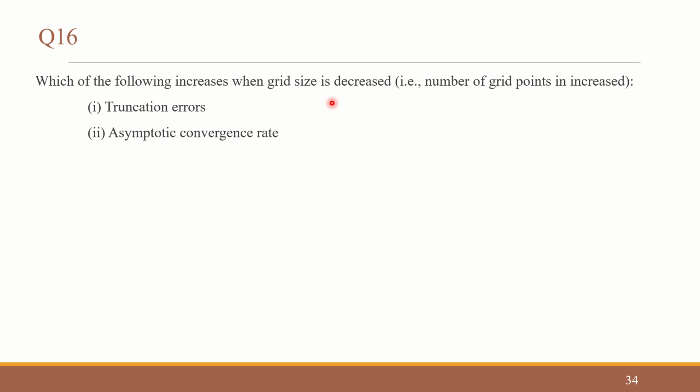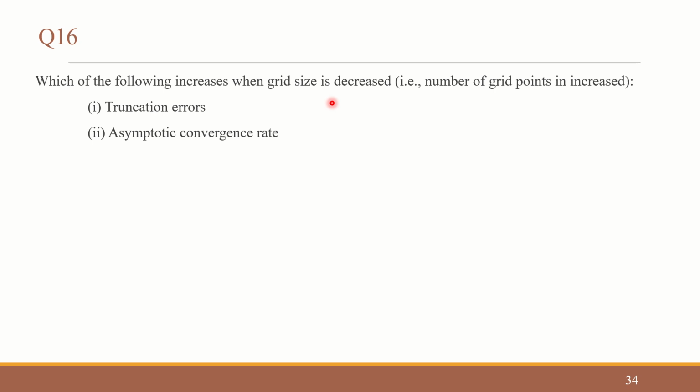When grid size is decreased, the grid size actually, like how much information it can pass across that distance. If distance is small, grid size is small, truncation error actually decreases. If you remember what we call truncation error, delta x to the power of n, depending on the order of accuracy. But if delta x has become small, the overall truncation error will also become small. So when delta x grid size decreases, truncation error also decreases.